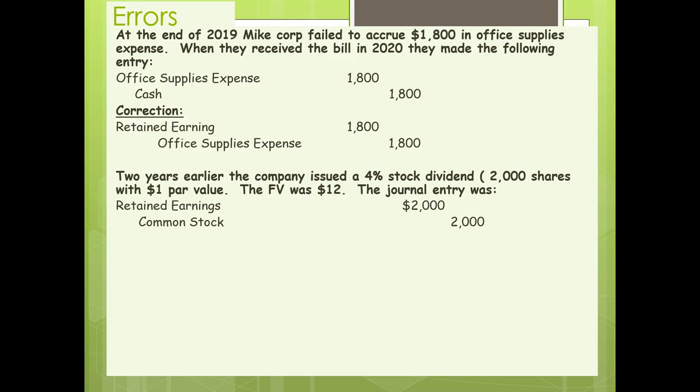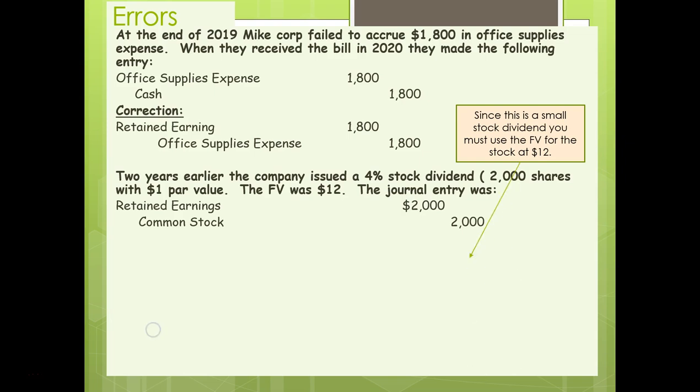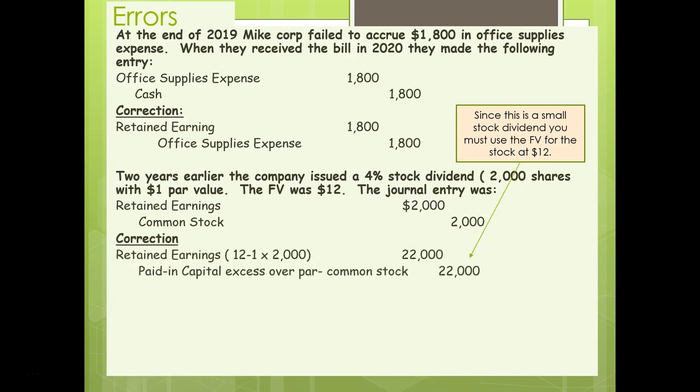However, the rule is if it is a small stock dividend, then what we need to do is book it at fair market value, which means that we have to increase additional paid-in capital by the difference. So we're going to take the 12 minus 1 times 2,000 gives us 22,000, would go reduce retained earnings, and we would increase paid-in capital in excess of par, common stock.